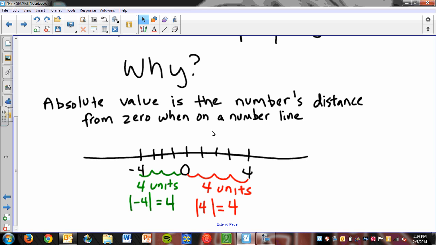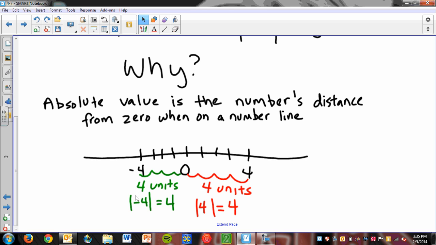So I have 4 and negative 4 here. 4 is 1, 2, 3, 4 units away. So the absolute value of 4 is 4. Negative 4 is 1, 2, 3, 4 units away. So the absolute value of negative 4 is 4. Just because they're going in opposite directions doesn't change that the distance here is 4 units and the distance here is 4 units.